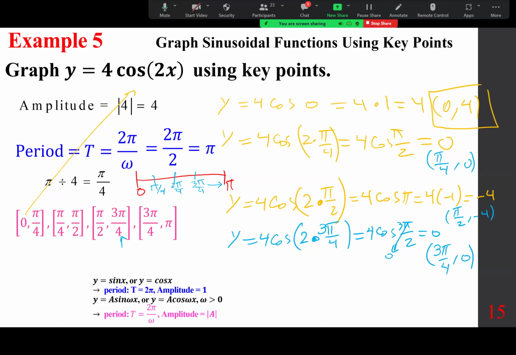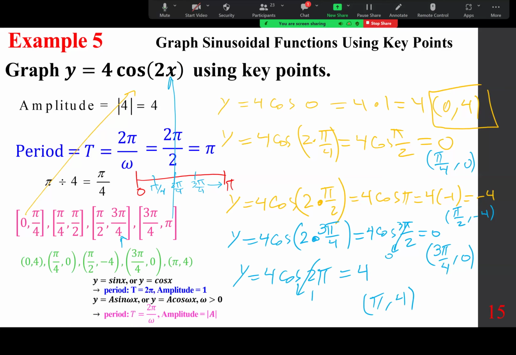And there is one more, pi. Plug in pi. We get y equals 4 cosine of 2 pi, which you know it to be 1 times 4 is 4, which means pi comma 4. So we got those 4 pairs.